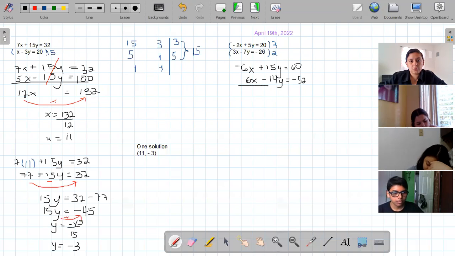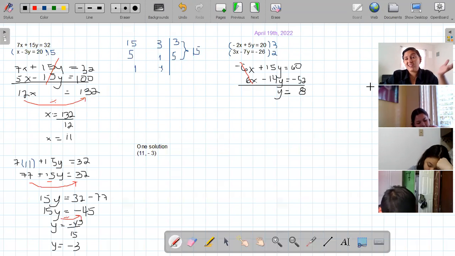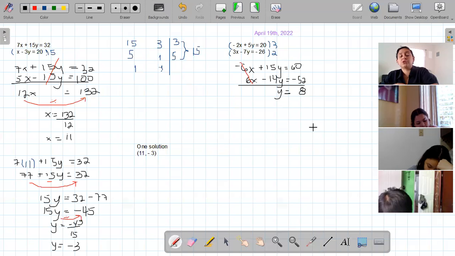I cross it over, and I got same numbers, different signs, so I canceled that out. 15y minus 14y, positive y is equal to 60 minus 52, 8. And I didn't need to solve anything because it gave me already y equals something.